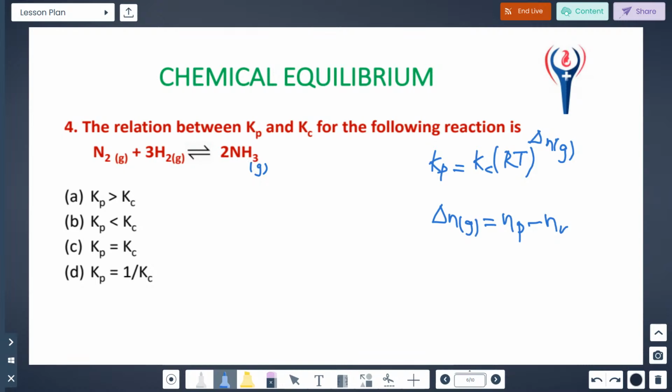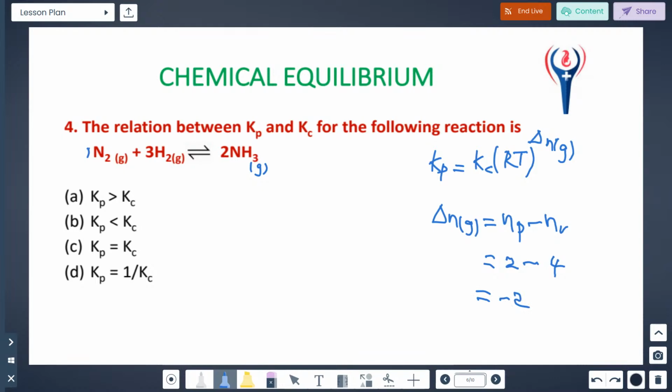Is it correct or not? So 2 minus, how many moles on the reactant side? 1 mole, and 3 moles. 1 plus 3, 4 moles. Understood? So 2 minus 4, minus 2.